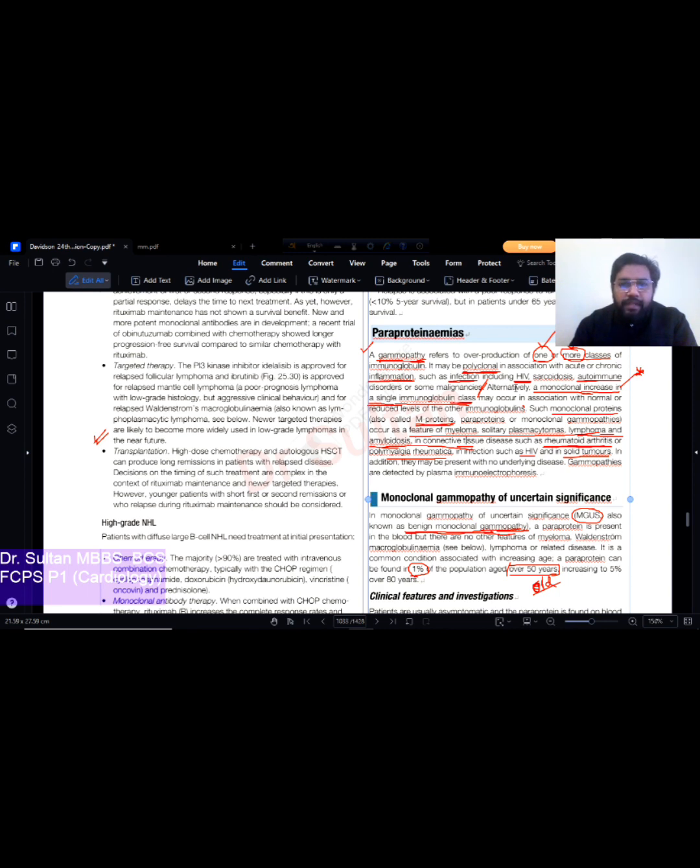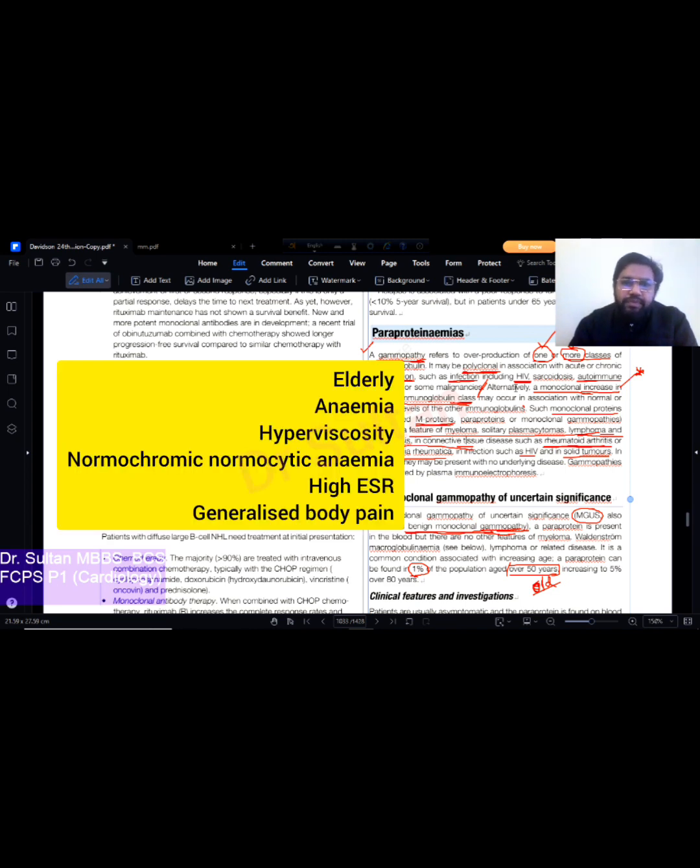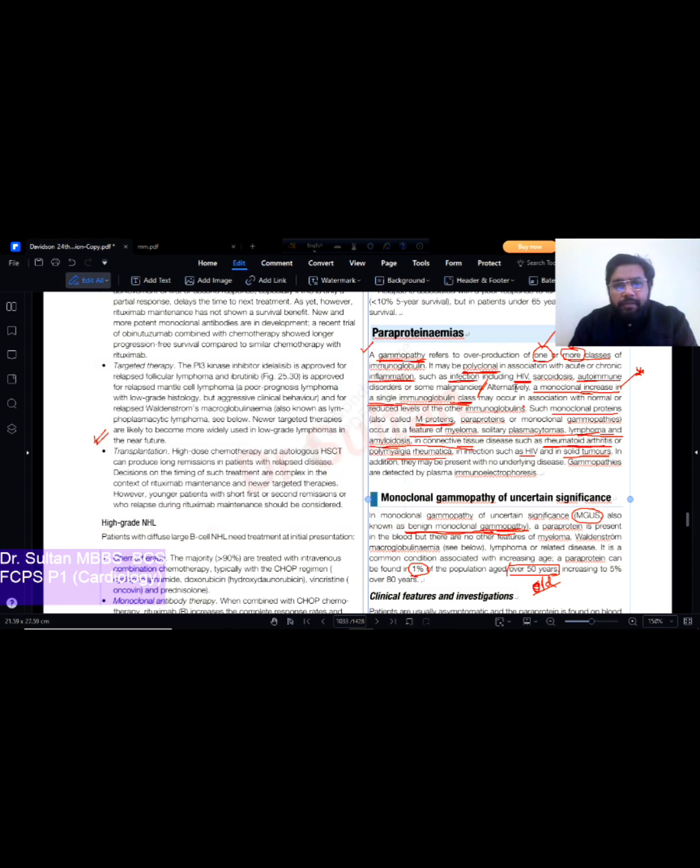If an elderly person presents with you with anemia, features of anemia, features of hyperviscosity, having his complete blood count with normocytic normochromic anemia, or it can also be macrocytic anemia, and high ESR, generalized body pain. In this scenario, you'll have an important differential like multiple myeloma.